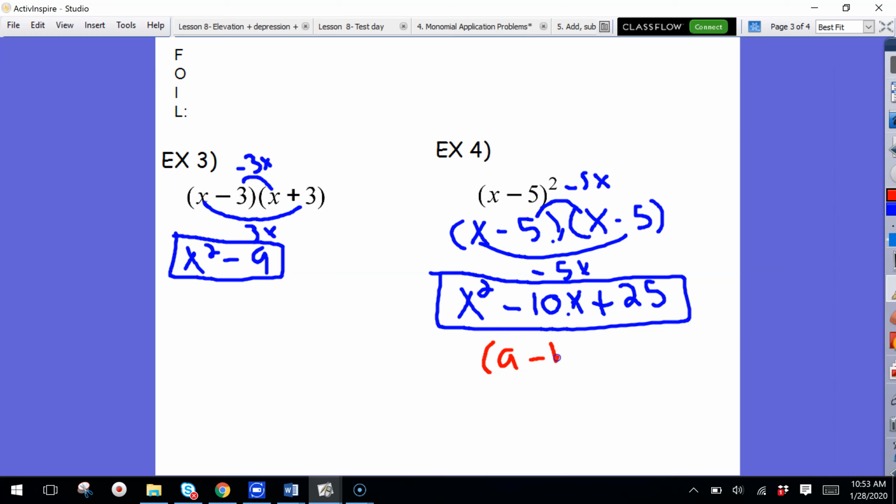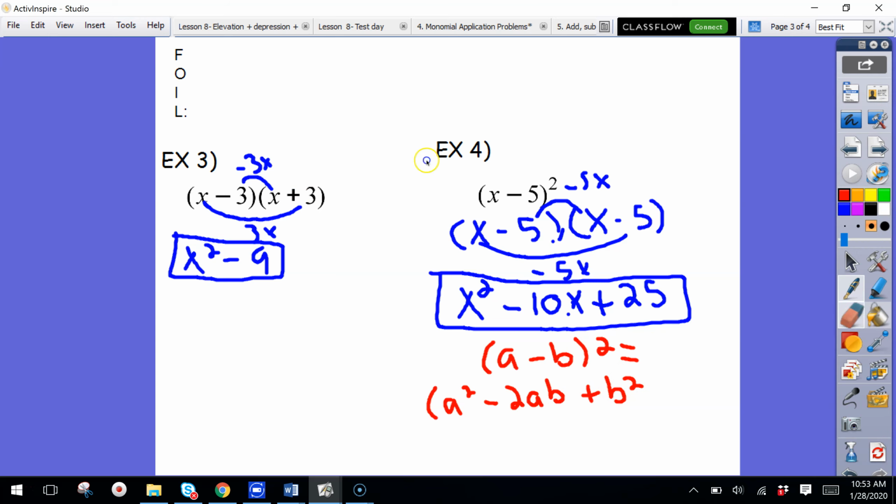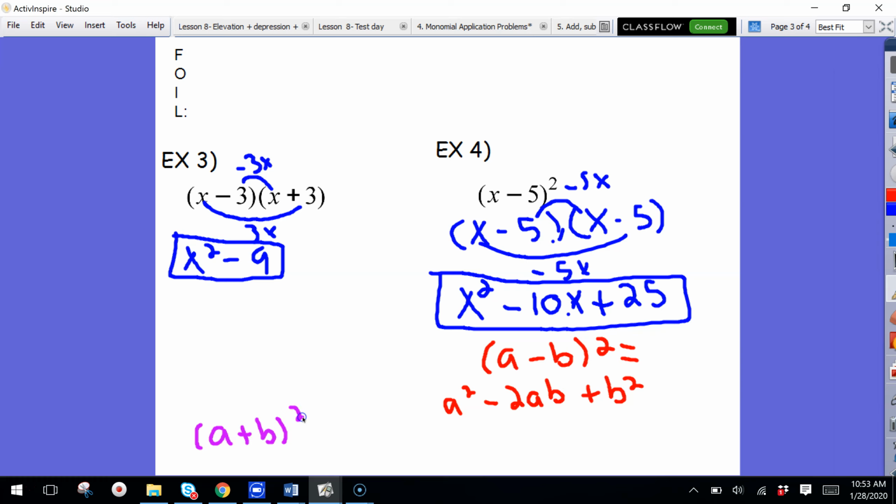So if you had a minus b squared, this just comes out to be a squared minus 2ab plus b squared. Very similarly, if you had a plus b squared, then again, to get the first term, you would multiply a and a, so you get a squared.